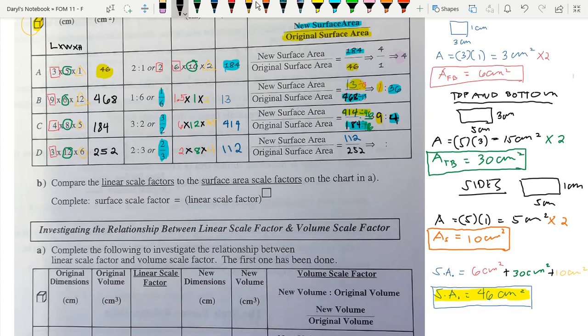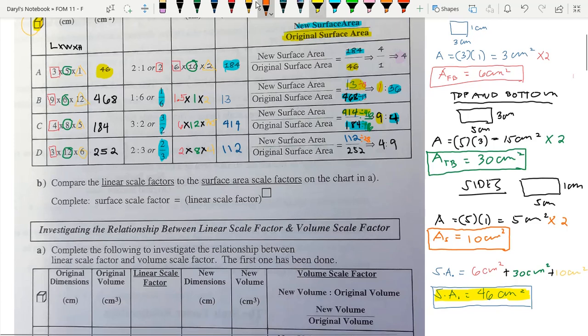If I simplify this one, this should give me an answer of 4:9. And how did I get 4:9? Well, if I get the greatest common factor between 112 and 252, both are divisible by 28.